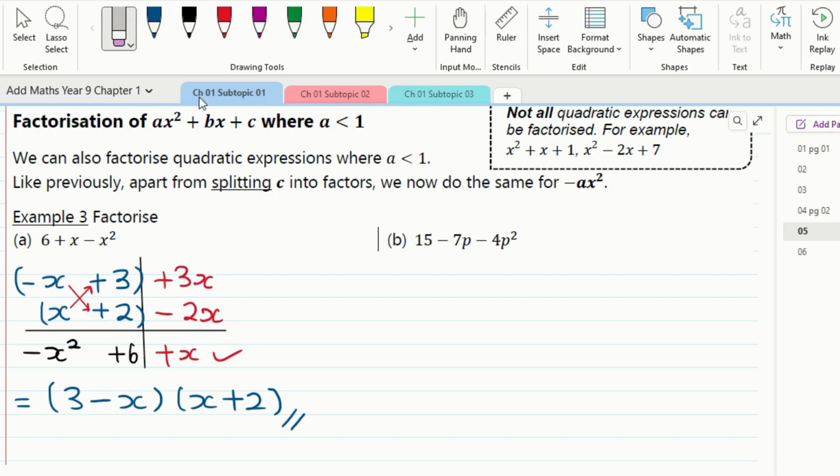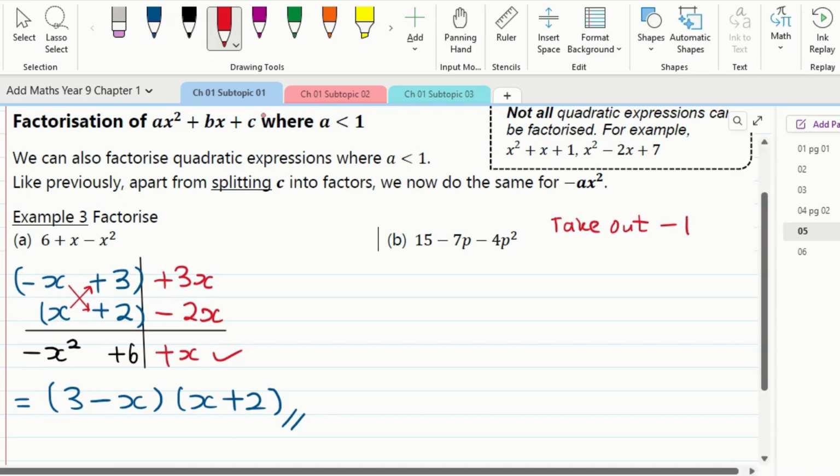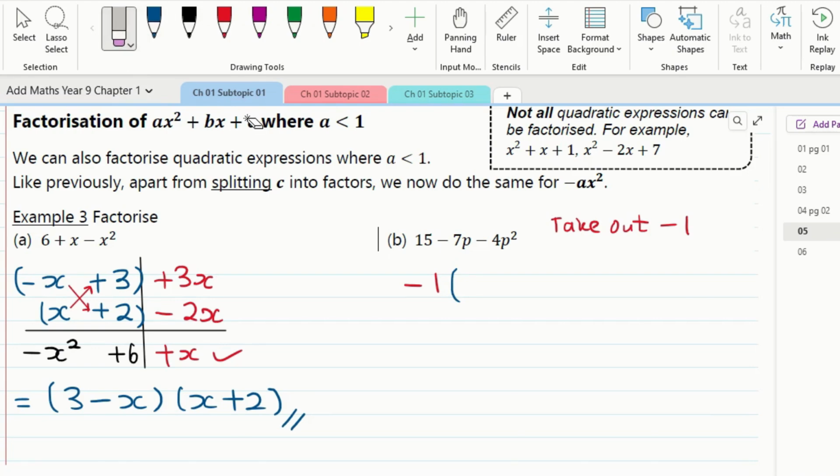So this is actually correct. But then another method that you can apply is that you can take out only the negative sign from all the terms. So it means take out negative 1. So here, if you take out negative 1, you are essentially factorizing the whole thing. But then all of the terms will be affected, so you have to change all the signs.